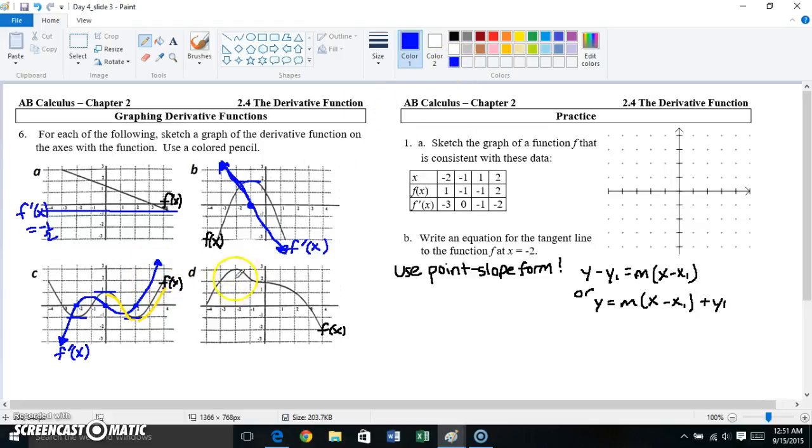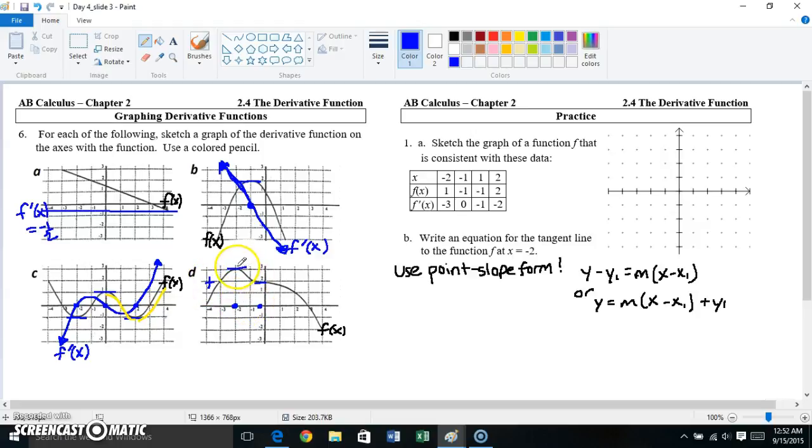Okay, last graph. Looks like we have a 0 slope at negative 2. Somewhere in here, it looks like I have a 0 slope. I'm going to estimate that about here. The slopes between negative 4 and negative 2 are positive.